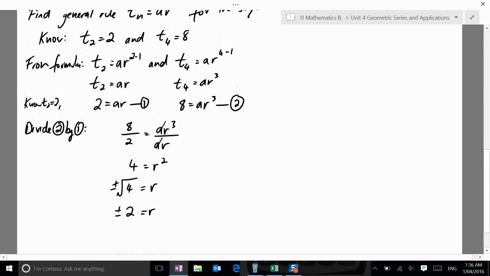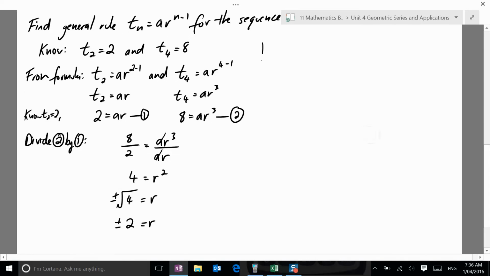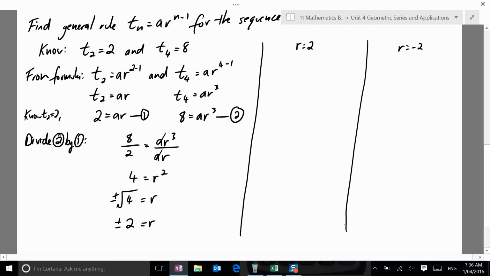So I'm going to find the A values. I've really got 2 streams here. I've got R equals 2 and R equals minus 2. Remember, A and R don't always need to be positive. If R is positive 2, I'm going to sub R equals 2 into equation 1.